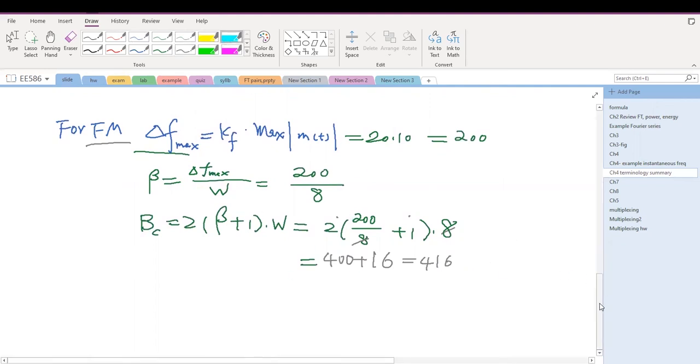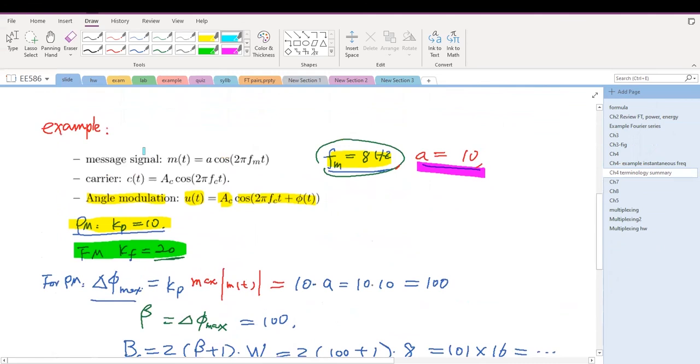Now let's think about, for the same message, if I use DSB-SC AM modulation, what's the bandwidth of the modulated signal?